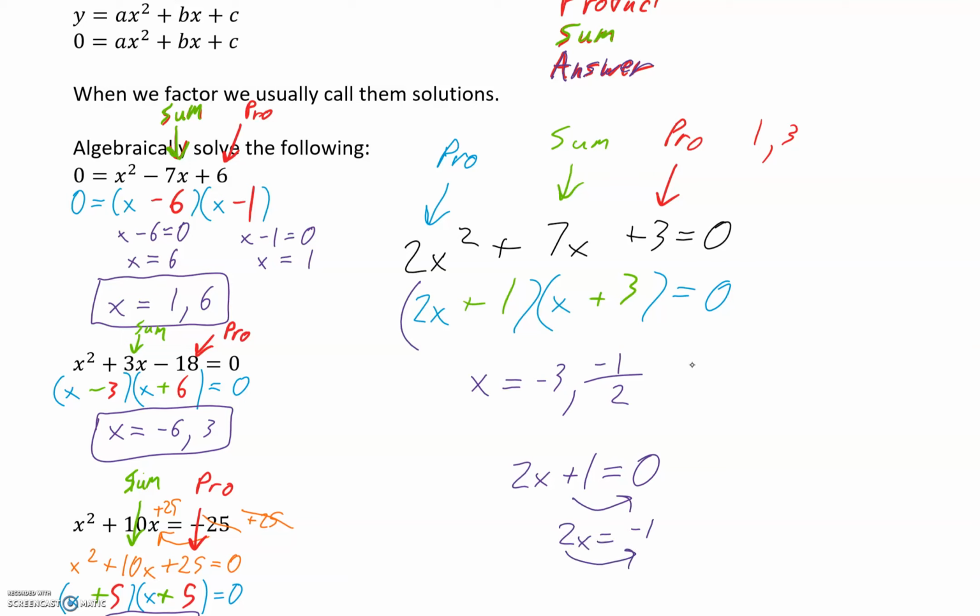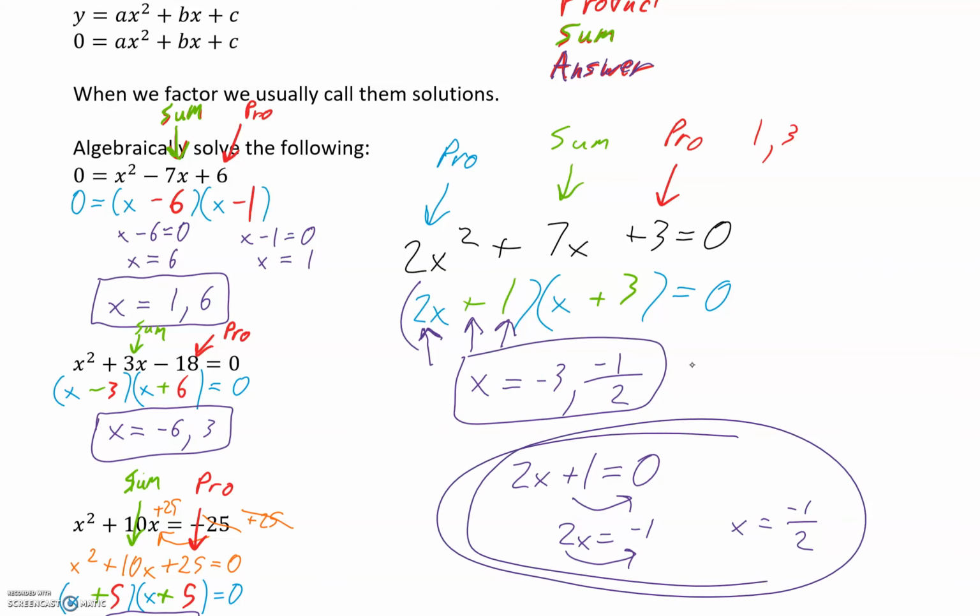Then we move the 2 over, we have x equals -1/2. So this number is always the bottom of the denominator. This number is always the top. This is always flipped. So if you can remember that, then you can just go straight to this. If not, use the bottom method here to solve for it.